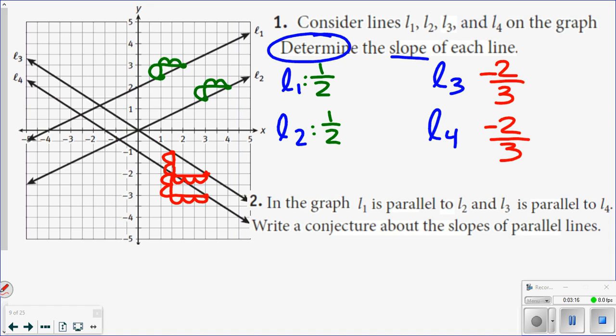So question 2 says, in the graph, line 1 is parallel to line 2, and line 3 is parallel to line 4. Do you see that? So what could we say about the slopes of parallel lines? What do you notice?